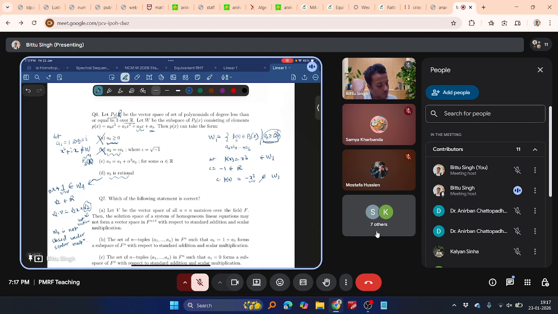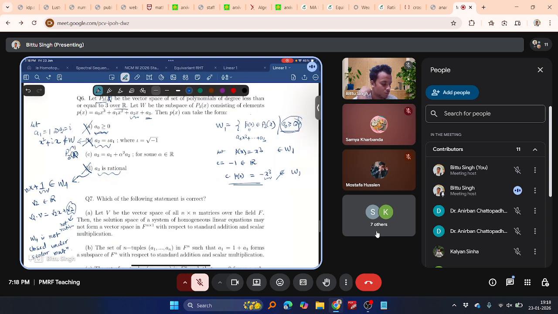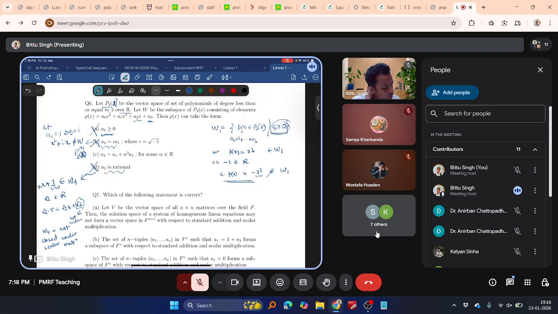So this is also not a vector space. Here it was not closed under scalar multiplication. In option B, it is not even a subspace, and here again it is not closed under scalar multiplication. Now for option C, we can check that this is a subspace.